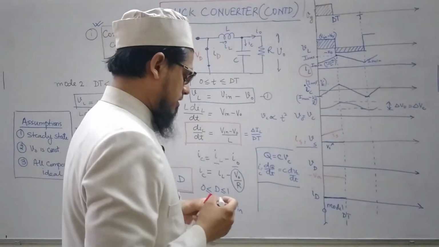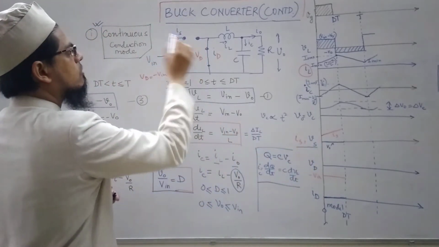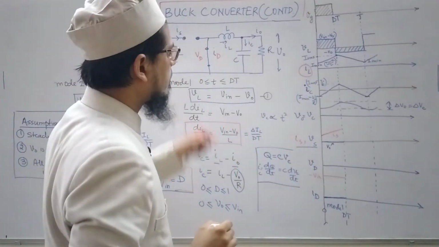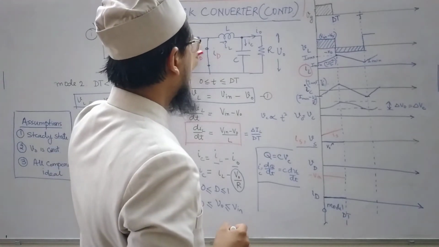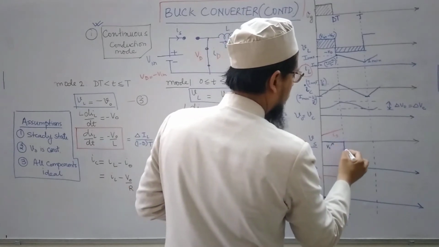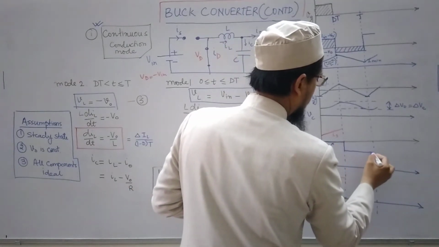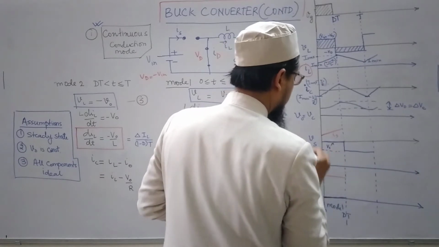So next we have got Vs. Now this switch is not conducting and it is open circuit. So now this voltage will be equal to minus of Vin. So this value is minus Vin.